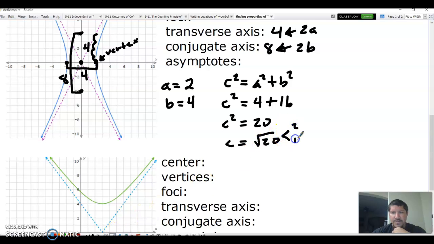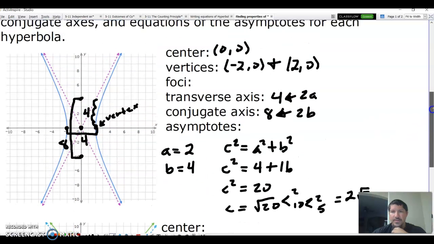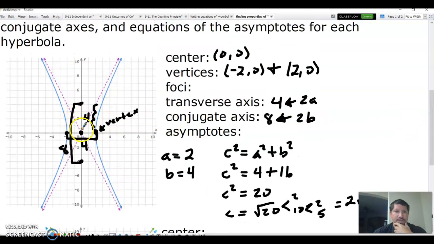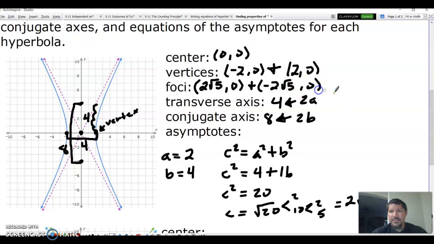That's 2 times 10, 2 times 5, so 2 times the square root of 5. Going from 0, I would go right 2 times the square root of 5 and left 2 times the square root of 5. So my foci in this case are 2 square root of 5, 0, and negative 2 square root of 5, 0.